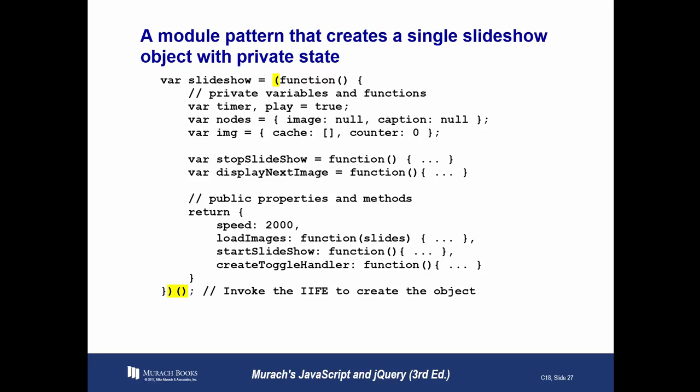Since it's immediately invoked, it doesn't need to be called to create the object. Rather, a global slideshow variable will contain the object returned by the IIFE as soon as the library loads and the IIFE runs. And very similar to an object literal, you can overwrite it, but you can't create a second instance of it.